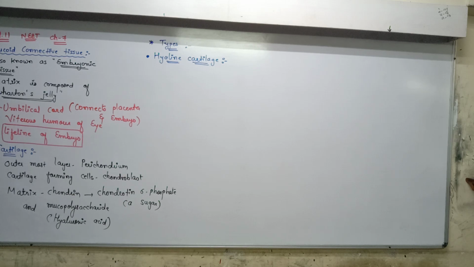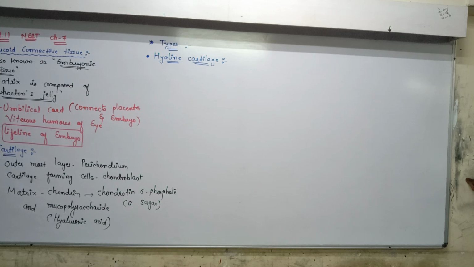Then costal cartilage in the rib cage, you know. Costal cartilage connects the ribs and sternum.